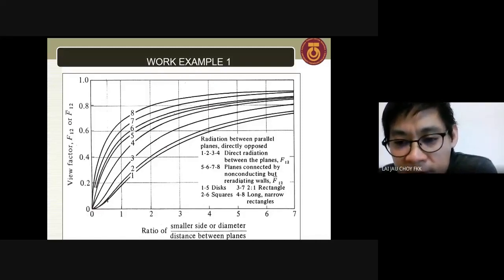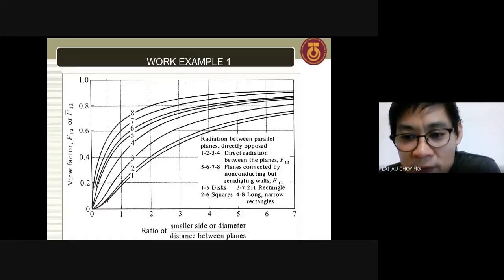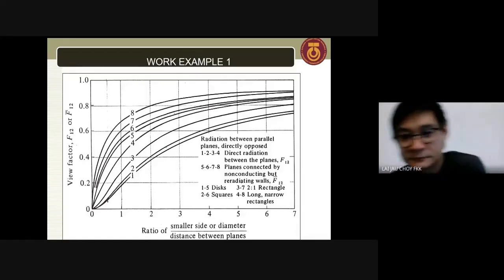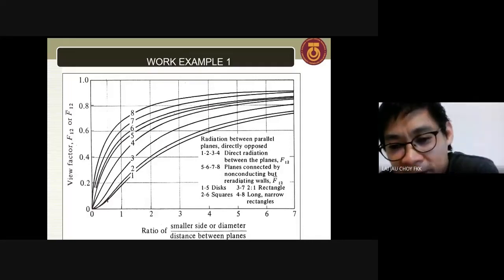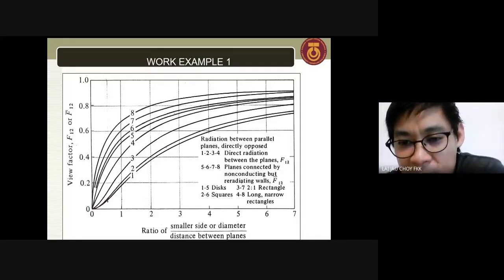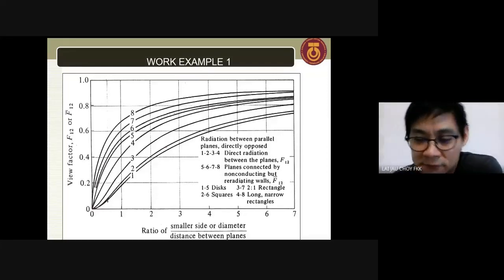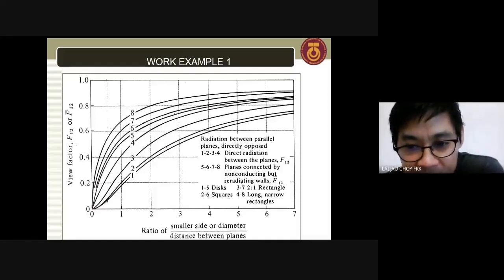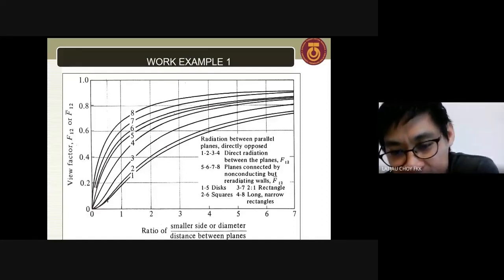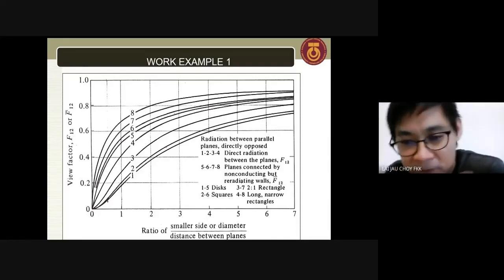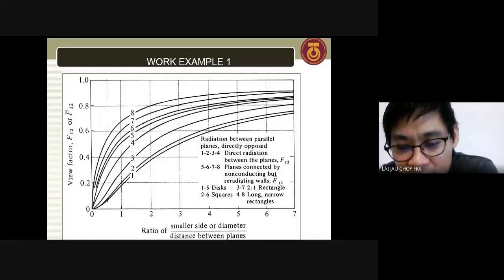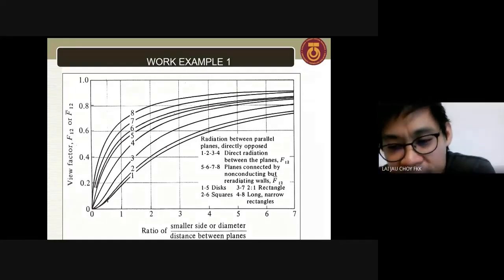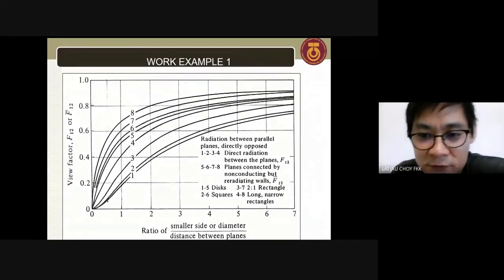What if the dimension is 1.5 times 1? What if the rectangle's dimension is 1.5 meter times 1 meter? Which curve should you refer to?